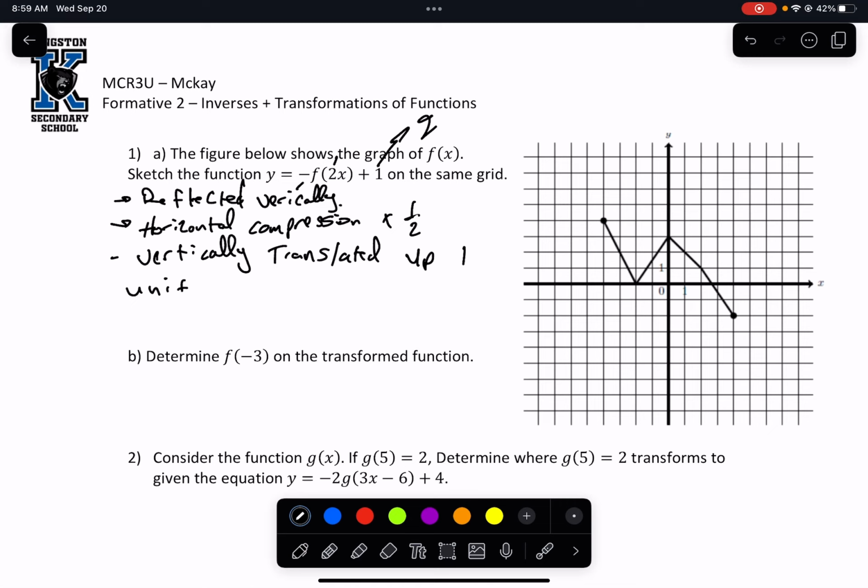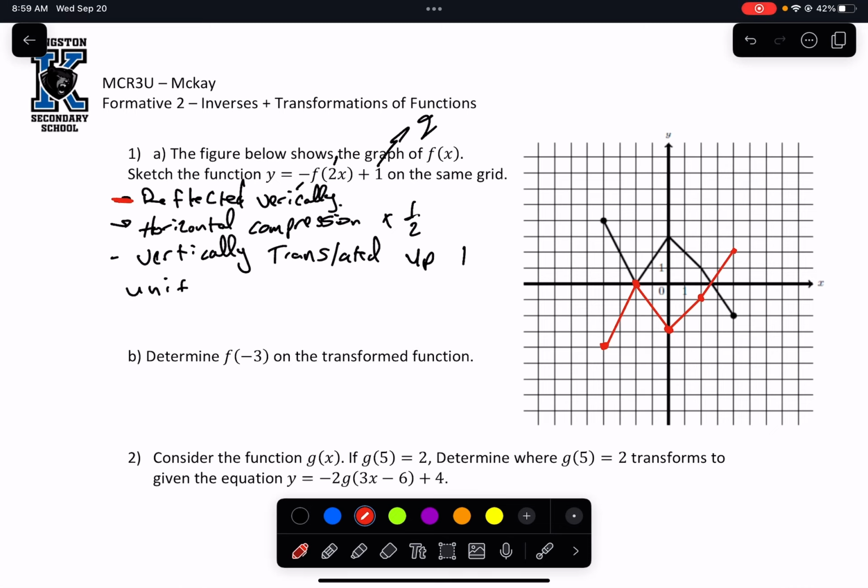For the reflection, we'll do it in red. +4 turns to -4, 0 stays at 0, 3 turns to -3, 1 turns to -1, and -2 turns to +2. Okay, that's the first one. Everybody see that?